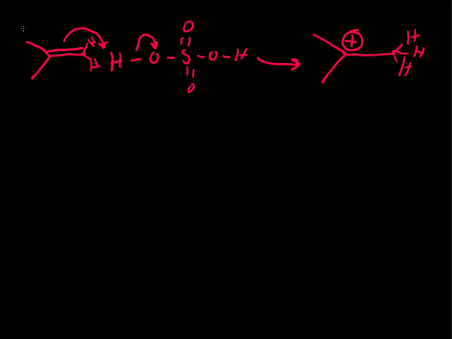Okay, so first, protonate the least substituted side. And this carbon right here had 4 bonds originally, so we had 1, 2, 3, 4, and now we only have 1, 2, 3, so that gives us a carbocation.